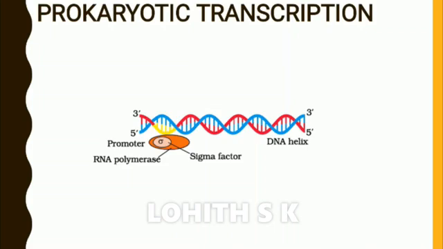Specifically in prokaryotes, the RNA polymerase enzyme binds to the promoter with the help of a factor called sigma factor. The sigma factor is a component of the RNA polymerase enzyme, and it helps to recognize the promoter so that the RNA polymerase enzyme binds to it.